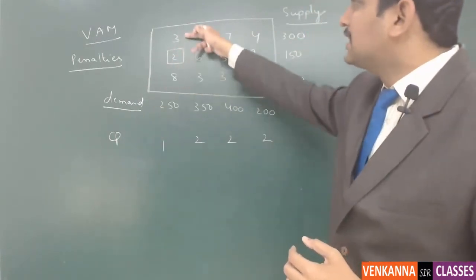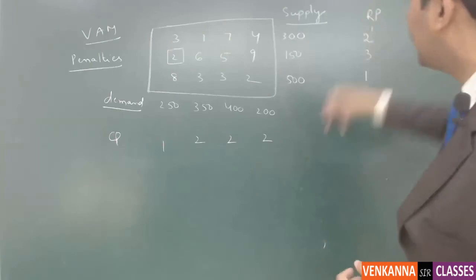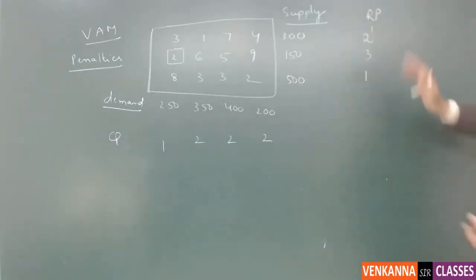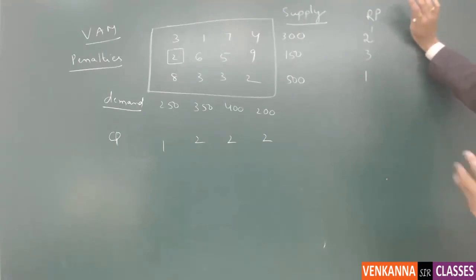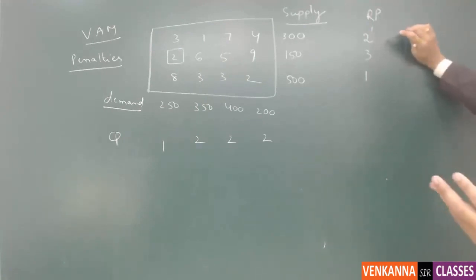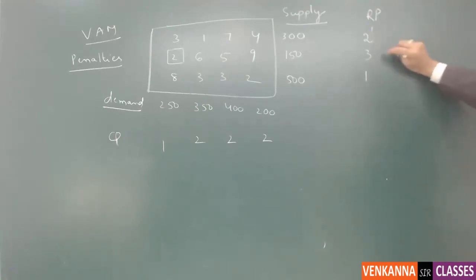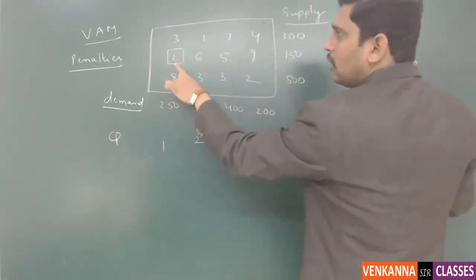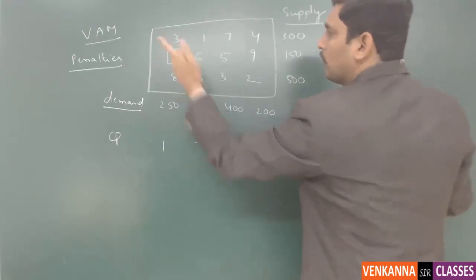Among all these penalties, we take the maximum penalty. Occasionally the maximum penalty will be equal for a row and a column. We can take either arbitrarily, no problem at all, because in the next iteration that is going to be eliminated. Here 3 is the maximum penalty, which corresponds to the second row. In the second row, 2 is the smallest element, so we go for this.